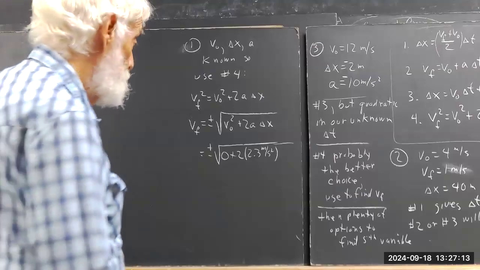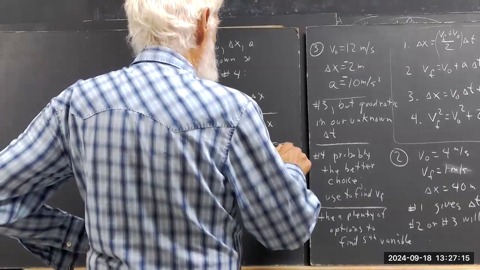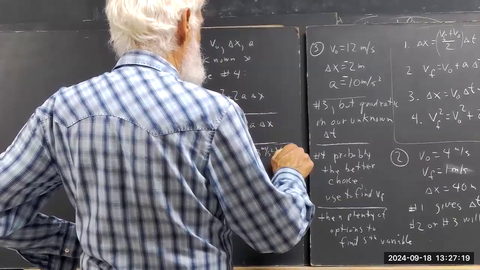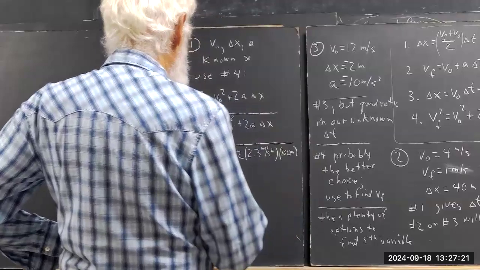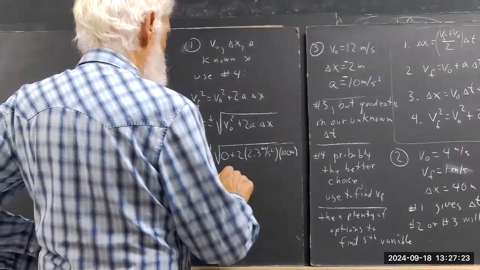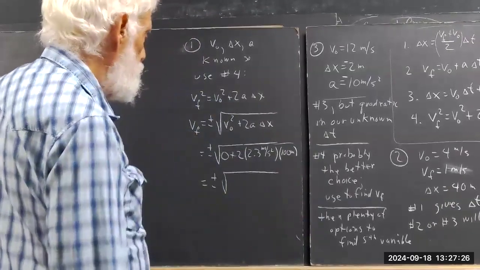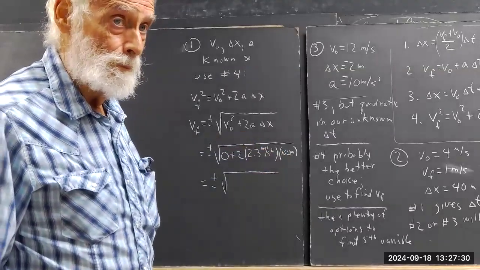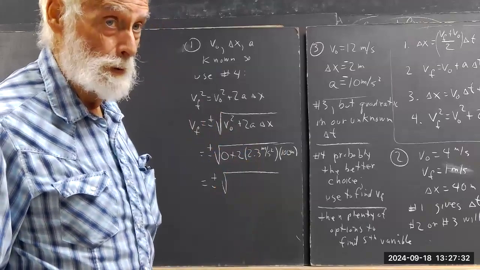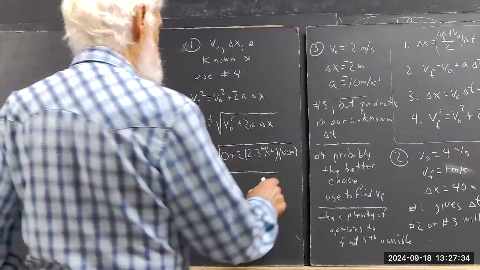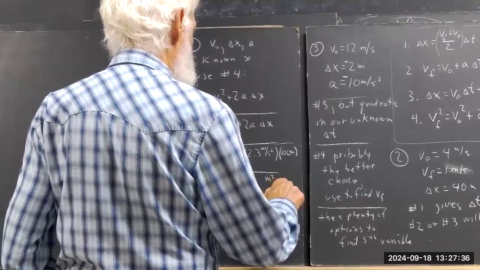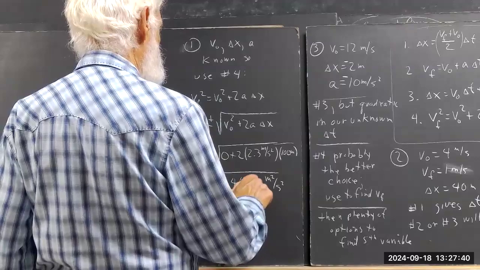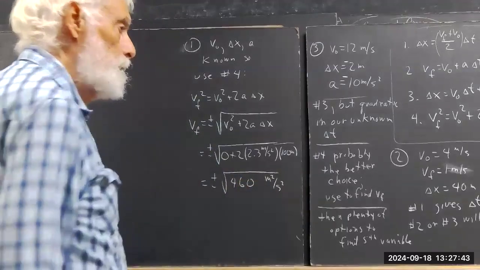It's for your own benefit. Your delta x is 100 meters. What do you get if you multiply meters per second squared by meters? Well, you get meters squared per second squared, right? And you got 460 meters squared per second squared.